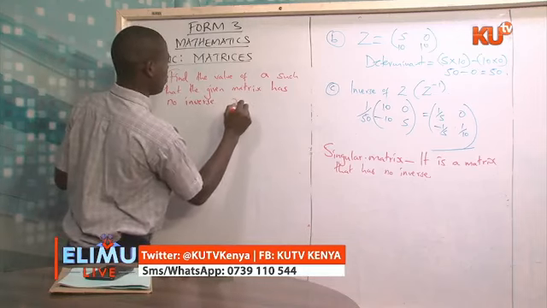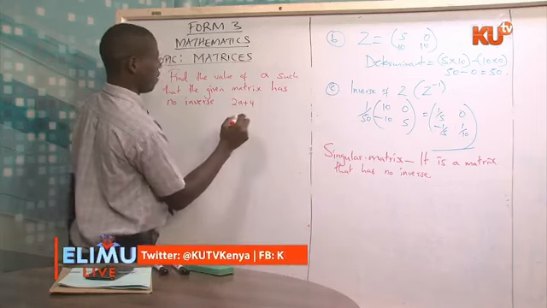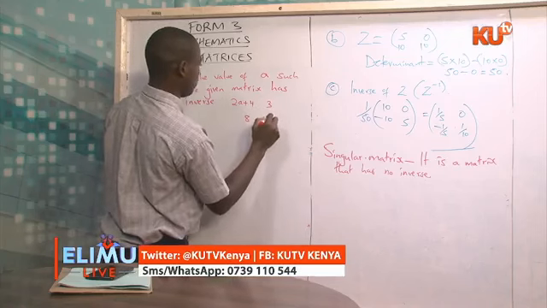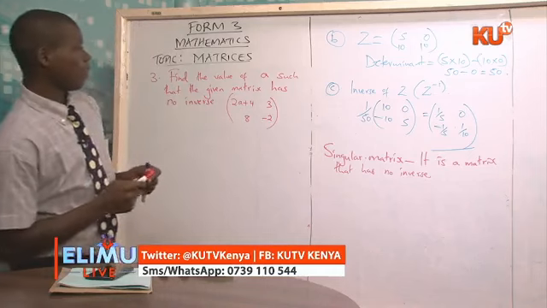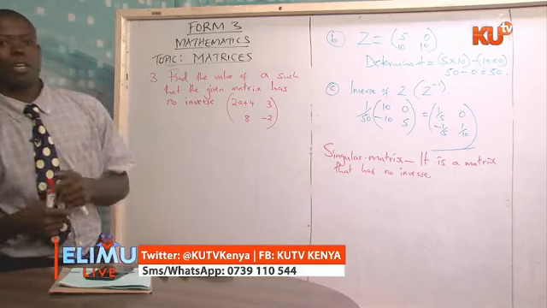So you have 2a plus 4, then you have 8, 3, and negative 2. We find the value of A such that the given matrix has no inverse.